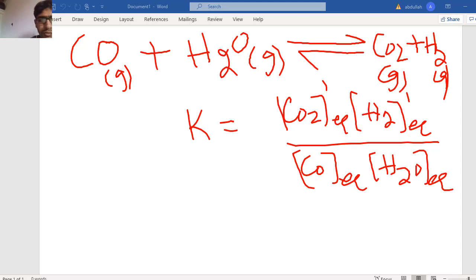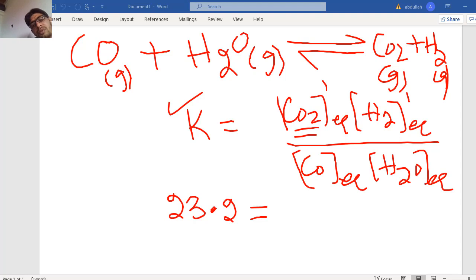The equilibrium constant given to us was 23.2 at 600 Kelvin. Now the equilibrium concentration of carbon dioxide was x.